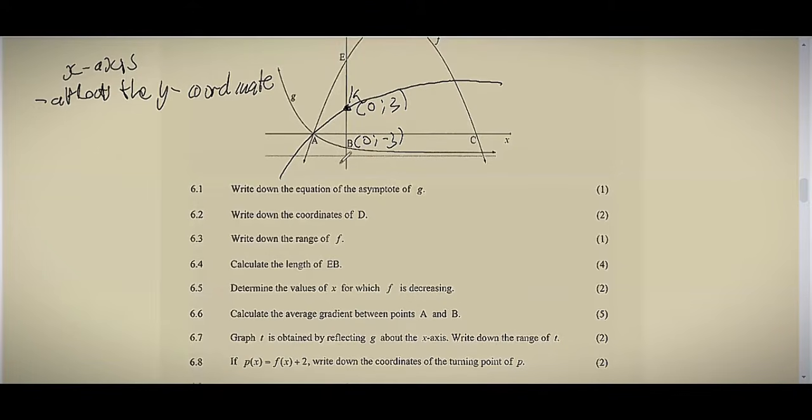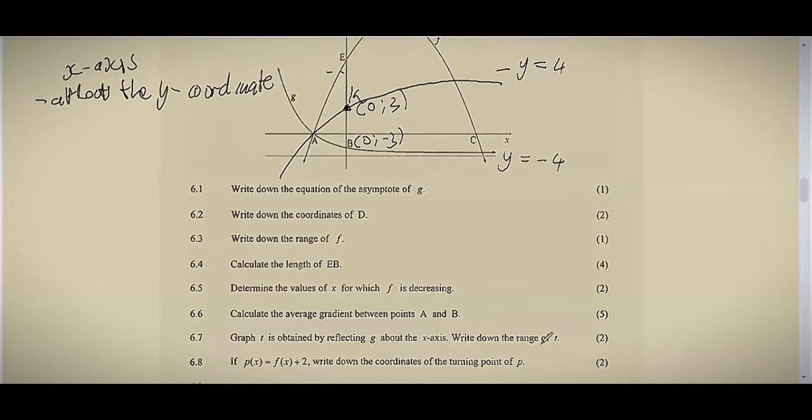That means even our horizontal asymptote here will be affected. So here we had y is equal to negative 4. If we are reflecting this about the x-axis, our new asymptote will be equal to what? y is equal to 4, because a reflection along the x-axis takes the y-coordinate and changes its sign. So if the y-coordinate was negative, it now becomes positive. If it was positive, it now becomes negative.